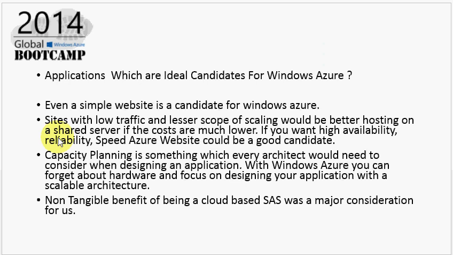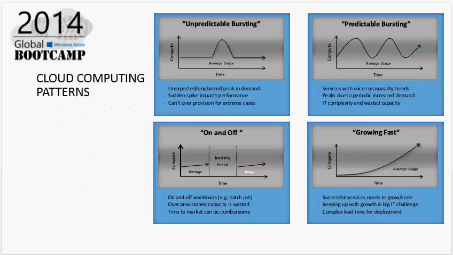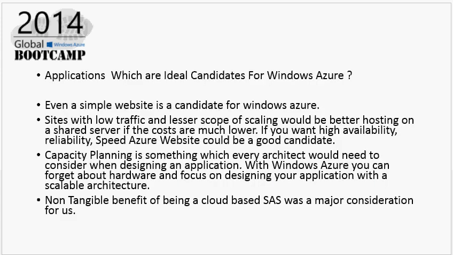Now, the four scenarios that I have discussed earlier: when it is highly scalable, when you have unpredictable loads, when you want to render, say, graphics content, again Windows Azure is an ideal candidate, because as architects, one of the most difficult or challenging jobs is capacity planning.